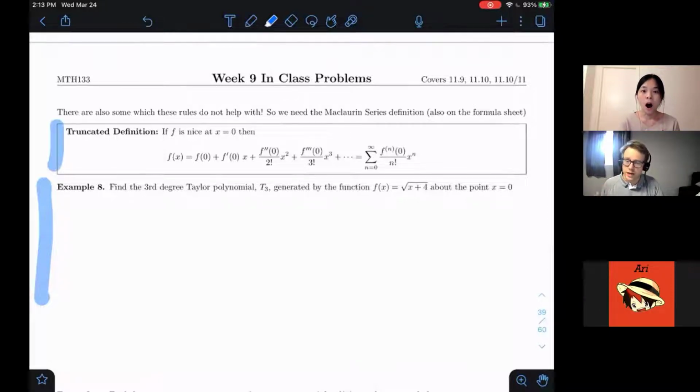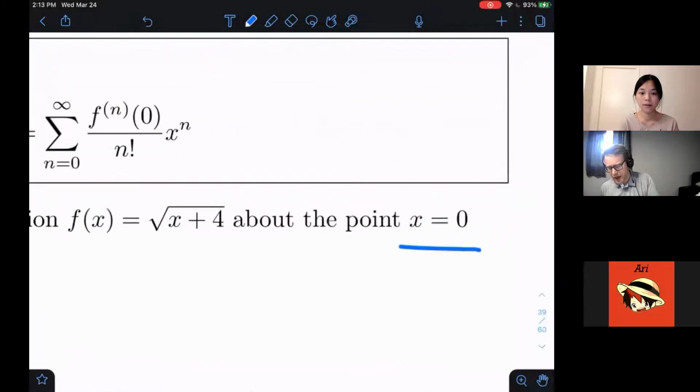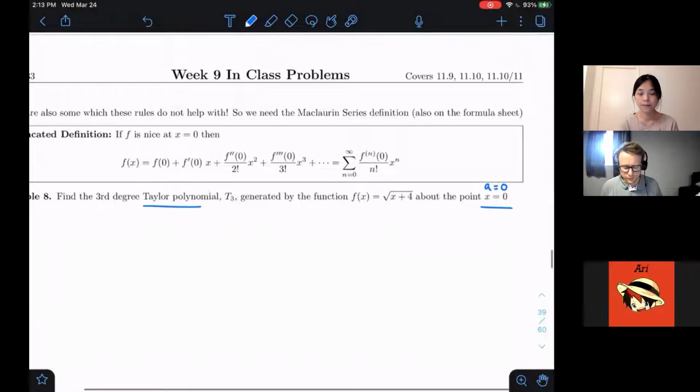And so remember, in the pre-class videos, we were given this definition. This is for a Maclaurin series, or another way of saying that is a Taylor series centered about x equals 0. Sometimes, by the way, they'll use a equals 0, just because in a lot of the formulas you have an a, and that's emphasizing that you're plugging in 0 for a there.